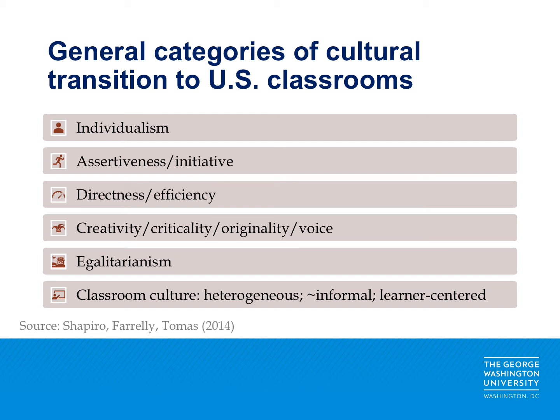As noted previously, GW international students are highly diverse, and we want to be careful not to make assumptions about their backgrounds or experiences. However, there are some general characteristic features that have been used to describe U.S. college classrooms, and these may be a source of challenge for students who have come from different cultures and educational backgrounds.